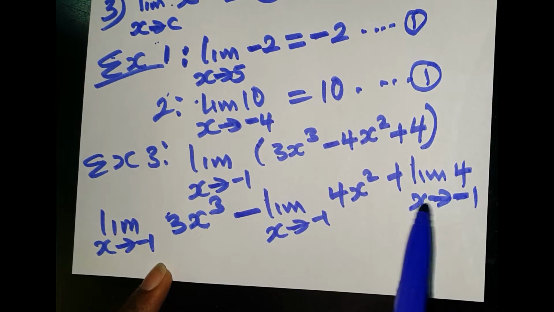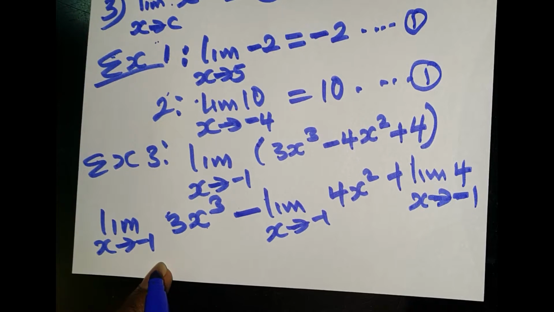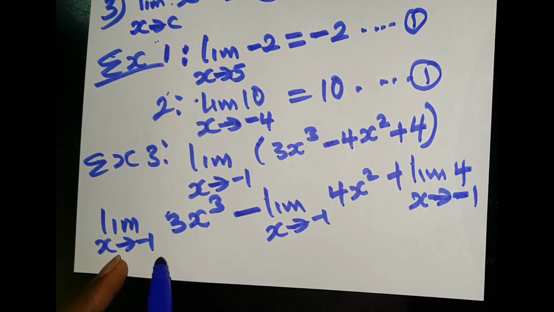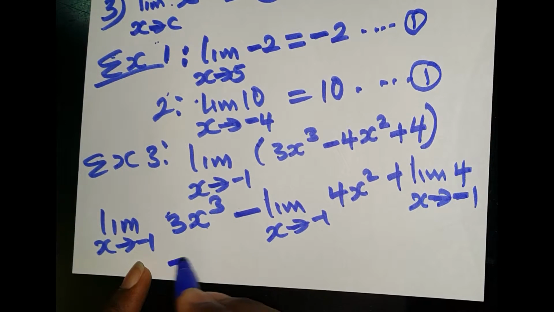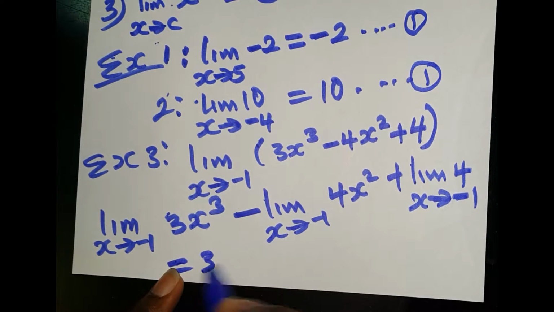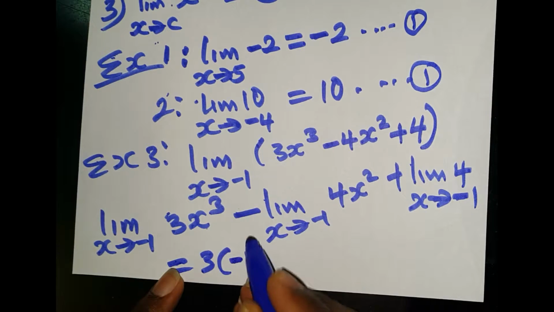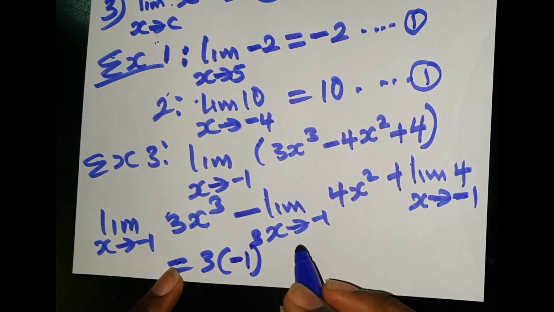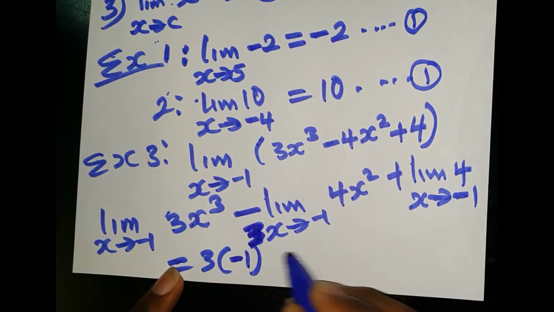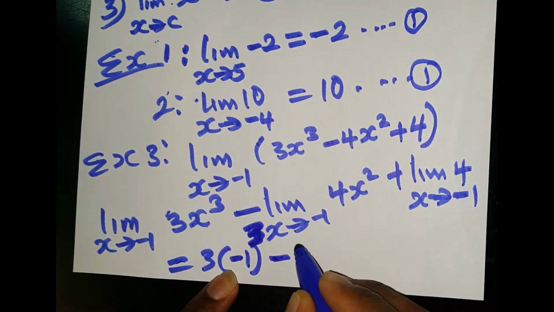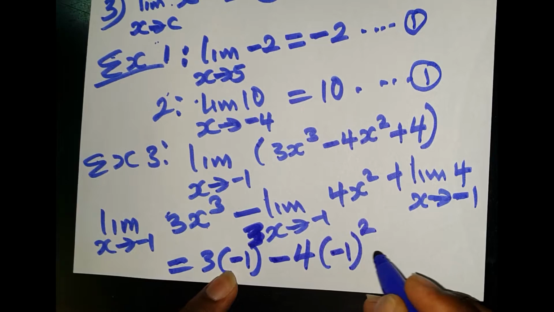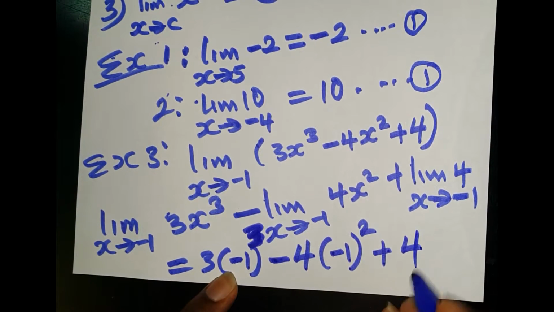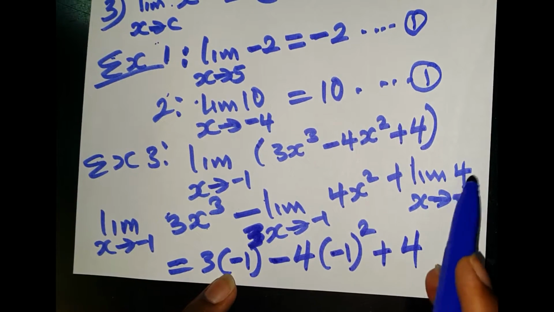All these x, you replace with minus 1, since x is going to minus 1. So it will now be equal to 3 times minus 1 cubed, minus 4 times minus 1 squared, plus 4. We are putting 4 here because we have no x here.